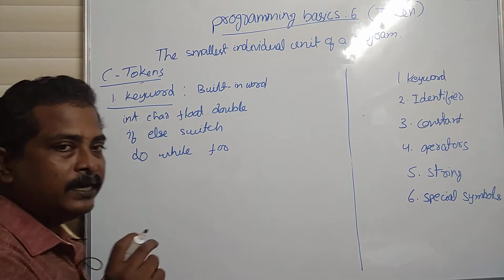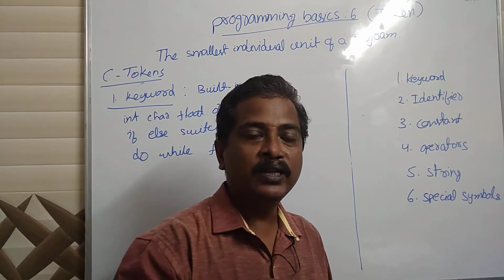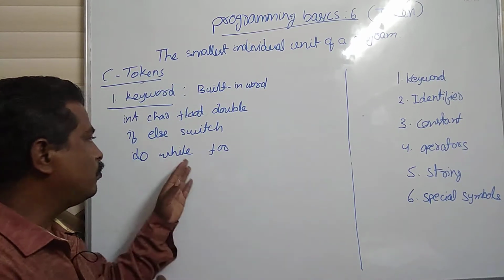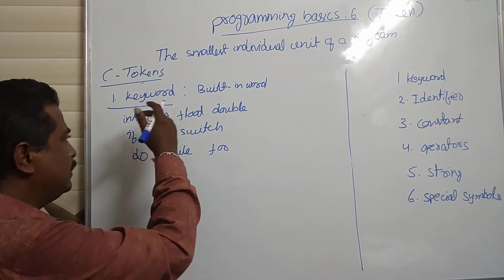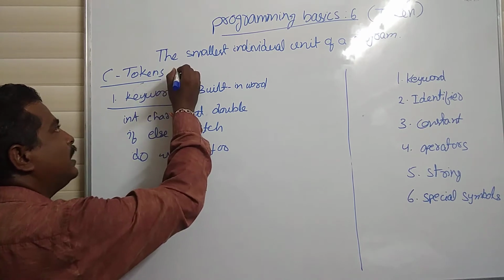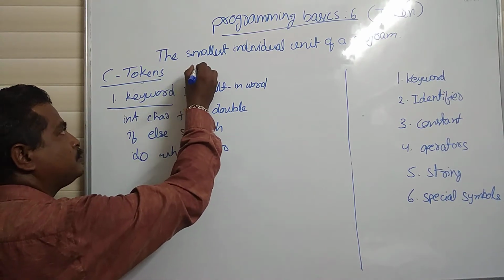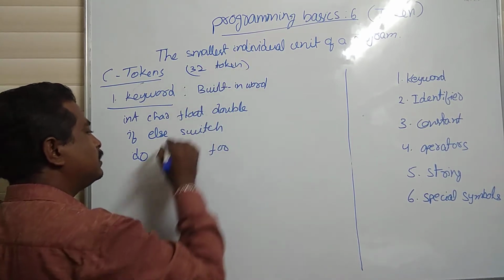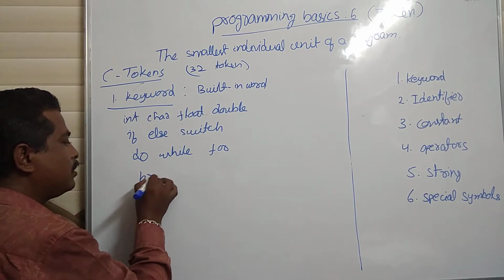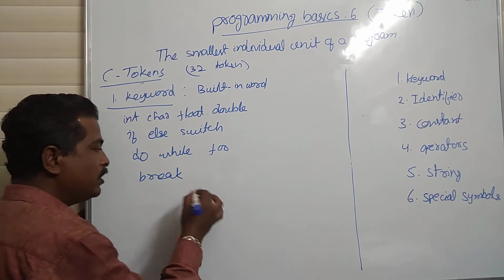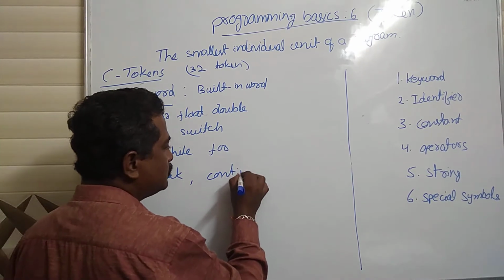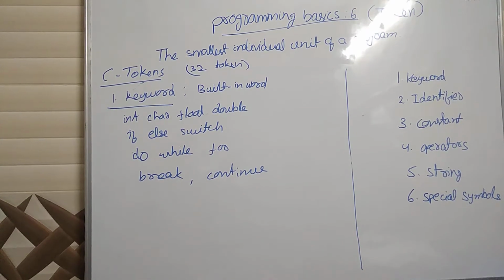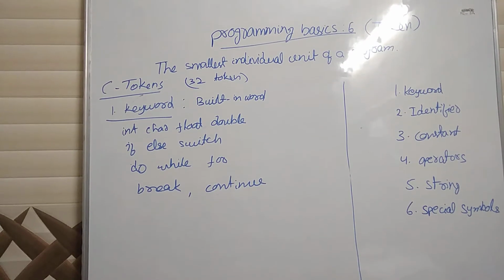While I am declaring int x, y, z, in place of x, y, z, I can't take int or char or do or while. I can't take these things. C has 32 keywords. Others are there like break, continue. We will read one by one. These are taken as keywords as they are previously defined.